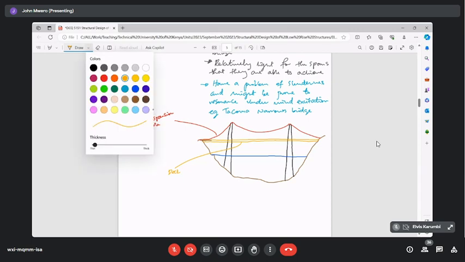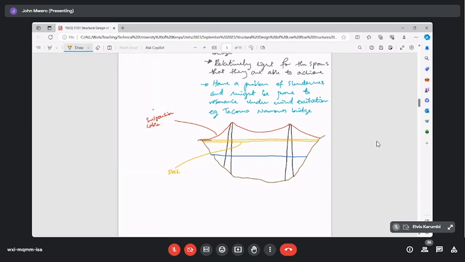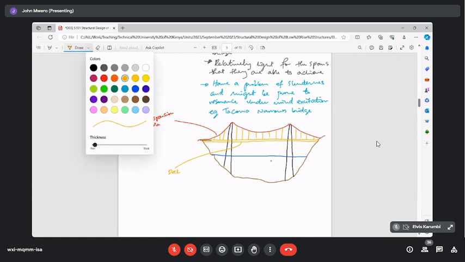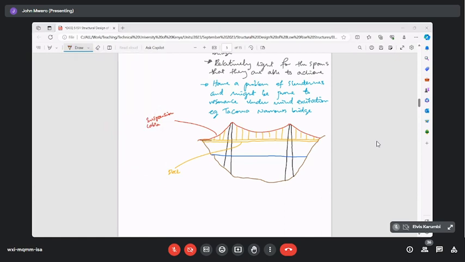Because this deck would be supported by vertical elements, slender ones, because they're purely under tension, they need to be supported, to be hung from the cable. You've got your suspension bridge towers.